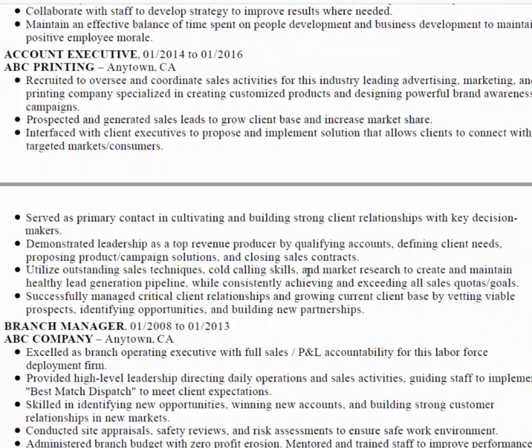Now I want to show you an example of a resume that is not effective. This one is using the bullet points basically to describe what they do. So let's just look at this. Account executive, which is usually a sales rep, ABC printing.